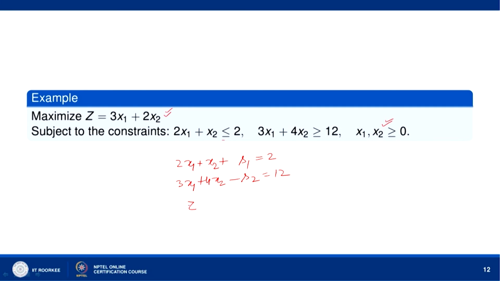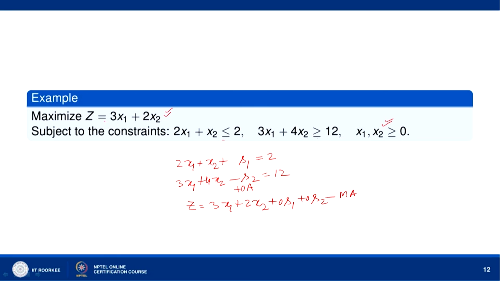So, we will write z equal to 3x1 plus 2x2 plus 0 s1 plus 0 s2, and then we have to add one artificial variable here, because this is greater than or equal to type, plus 0 into a. The artificial variable is given a penalty minus M, so minus M into a we will have.